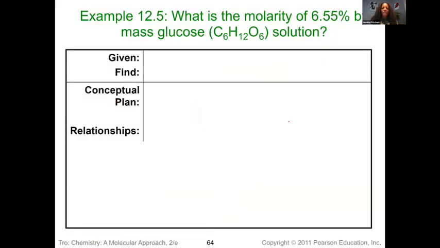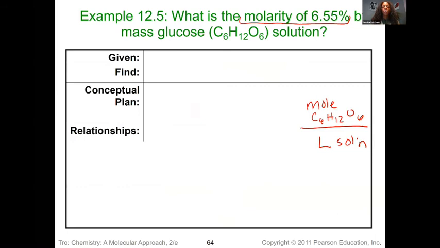All right, so we're going to do one last problem where we focus on converting from one type of unit to another type of unit. In this problem, it's asking us, what is the molarity of a 6.55% by mass glucose solution? Molarity means that we want to ultimately end up in units of moles of the solute, which in this case is C6H12O6, over liters of the solution.